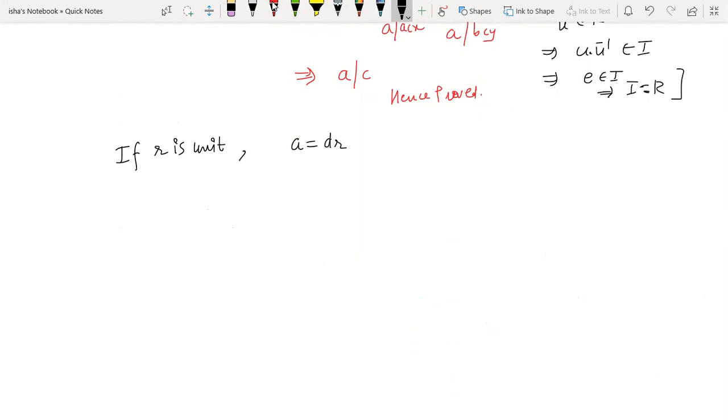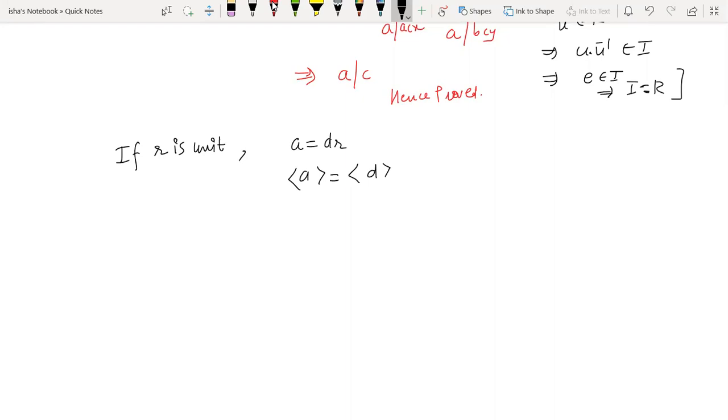So if R is a unit, then the ideal generated by A will be the same as the ideal generated by D, because multiplication with a unit element does not make any difference, because that's how ideals look like. If an element multiples, all multiples are there, so if it contains a multiple of a unit element also, it contains all multiples. The same kind of explanation which I gave you above.